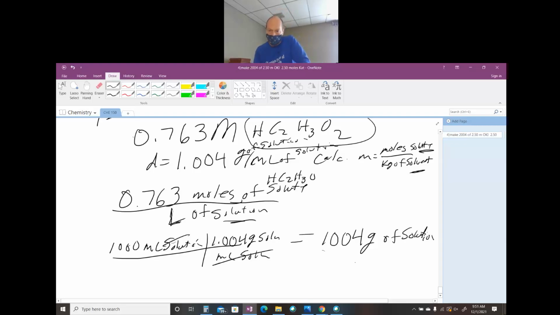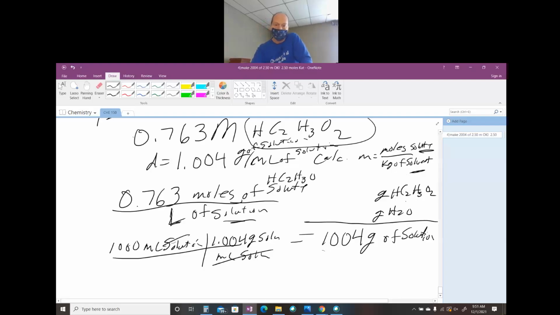All right, and we know that the grams of solution is going to be the grams of water and the grams of our vinegar, HC2H3O2. When we add those two numbers up, we get our grams of solution. All right, and we need to find the grams of water converted to kilograms, and we will have our answer.